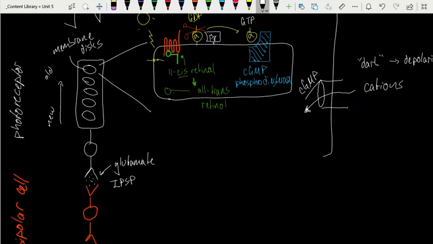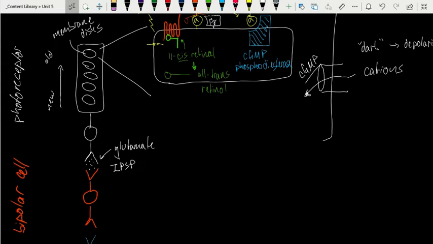So again, in the dark, cyclic GMP, which is being constitutively made by the cell, maintains cation channels open. These cation channels retain the photoreceptor in a depolarized state, leading to the continual release of glutamate. And this glutamate causes an IPSP onto the bipolar cell so that the bipolar cell does not fire.